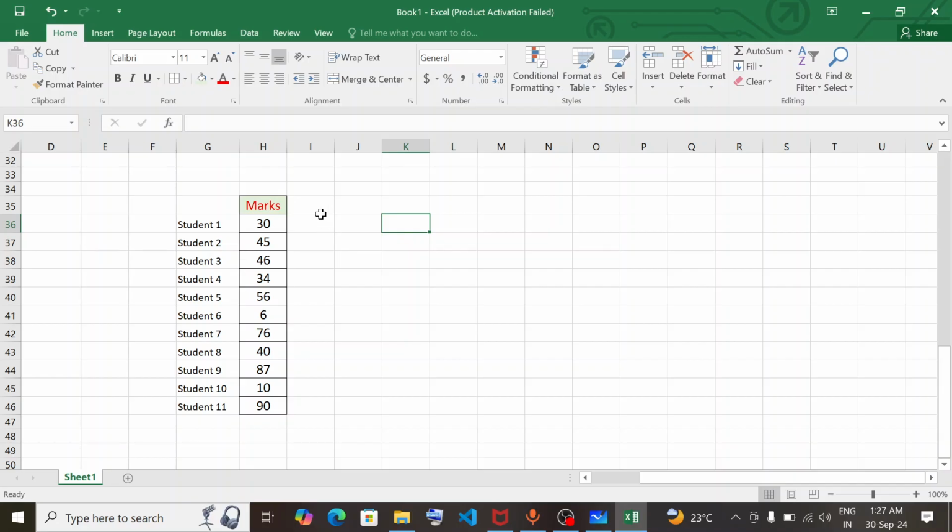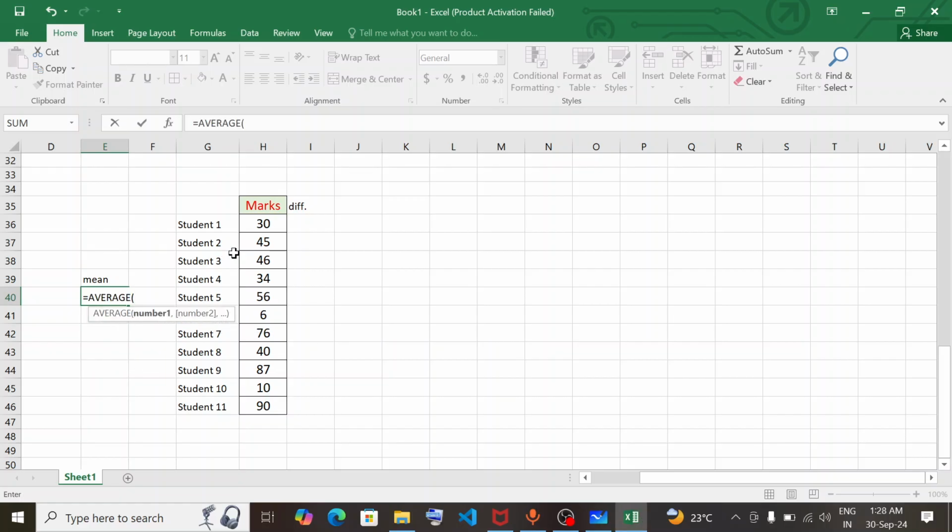So here I will calculate the difference. But before calculating the difference we require the mean of that data. So I will calculate the mean using the built-in formula of average.